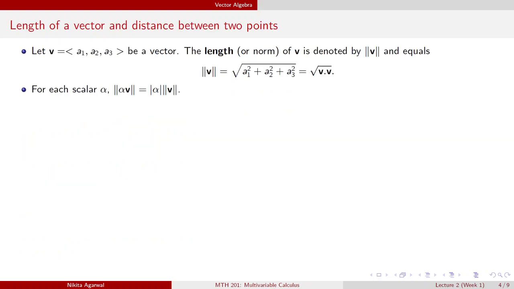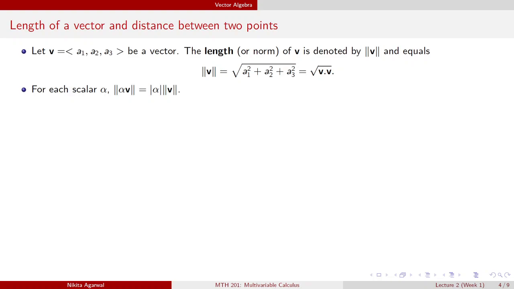Okay. So now let us define the concept of length of a vector and distance between two points in R3. So let V be equal to ⟨A1, A2, A3⟩ be a vector in R3. Its length or norm is denoted by, so you put the vector V and you put these double vertical lines on either side.